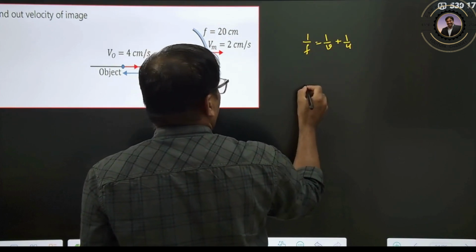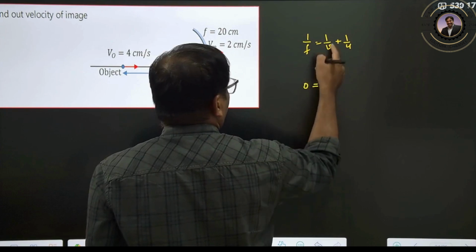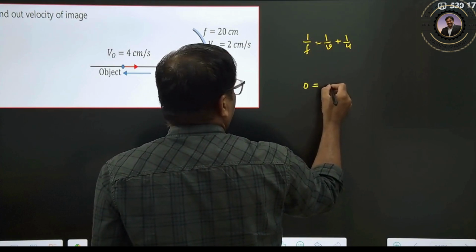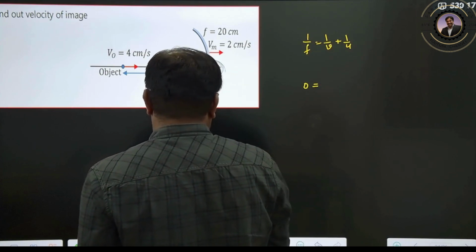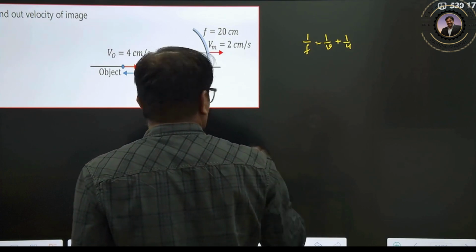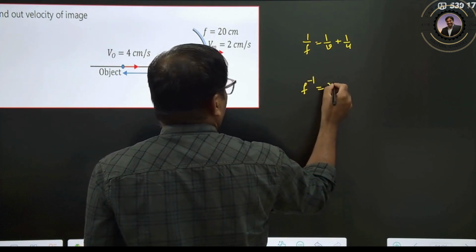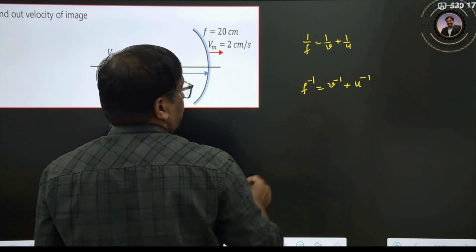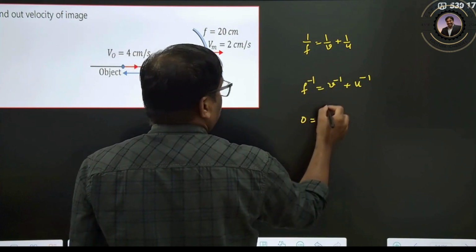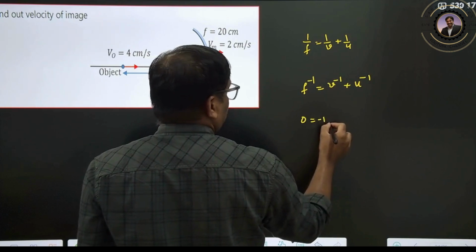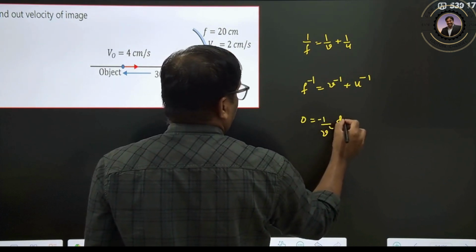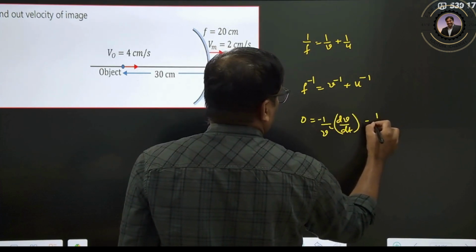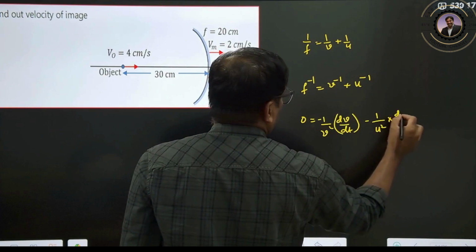Focal length is constant, so its derivative is 0. Image distance and object distance are variables, so minus 1 by v square into dv by dt, minus 1 by u square into du by dt.